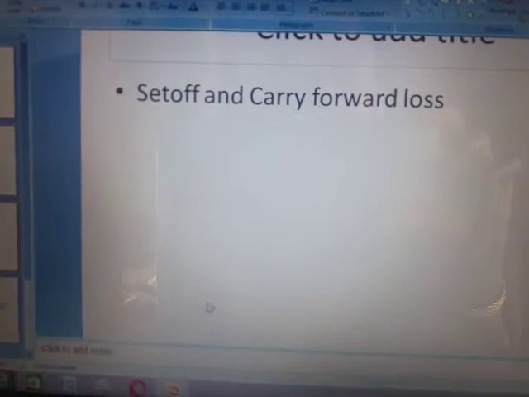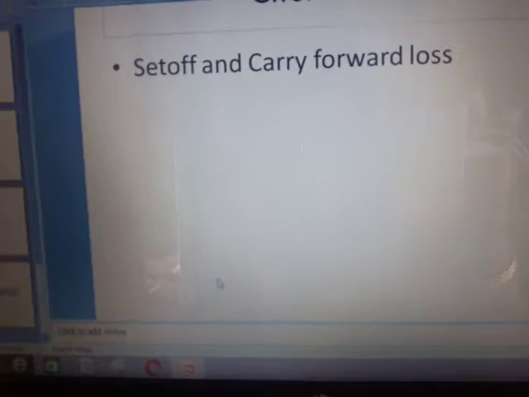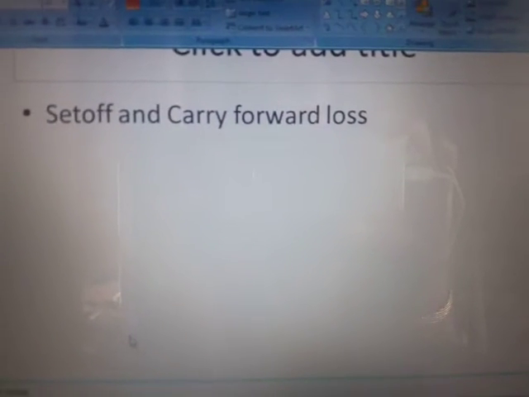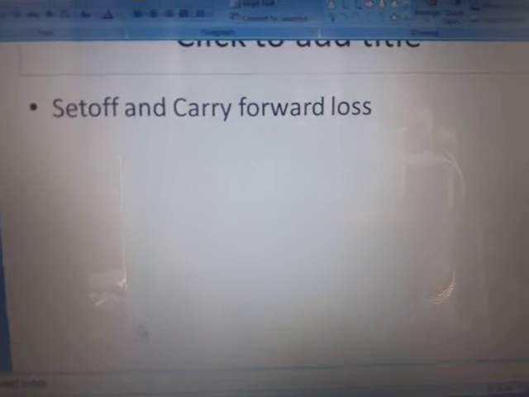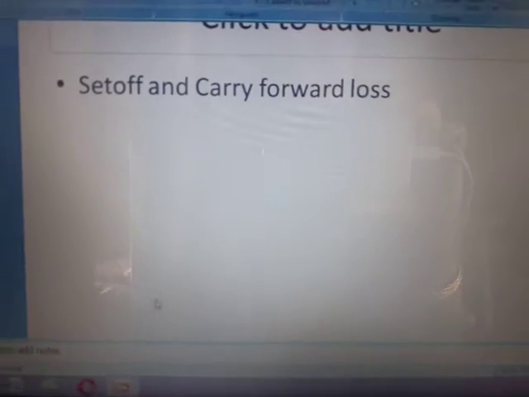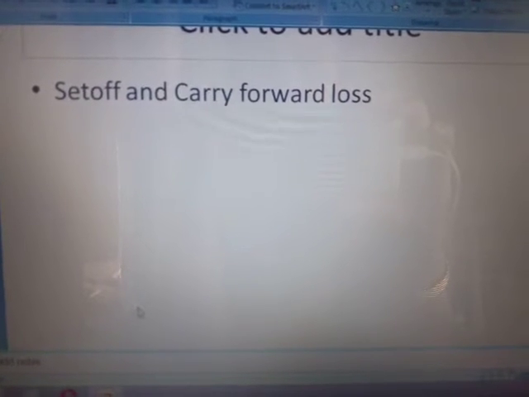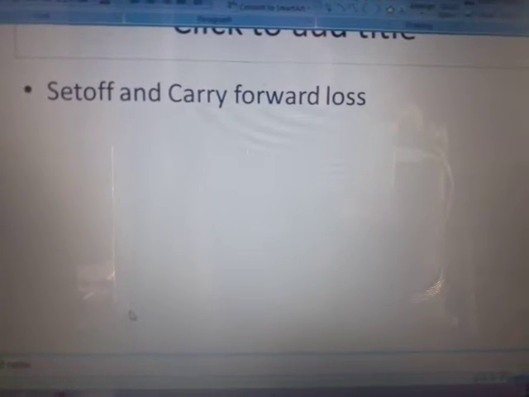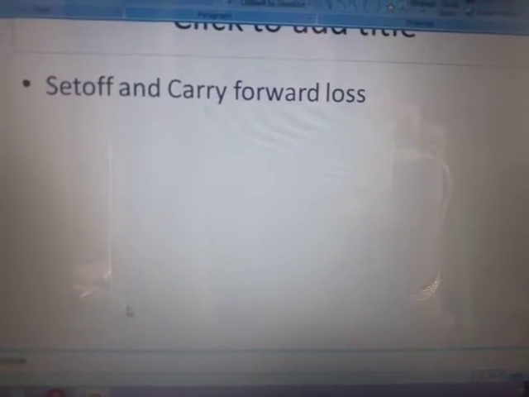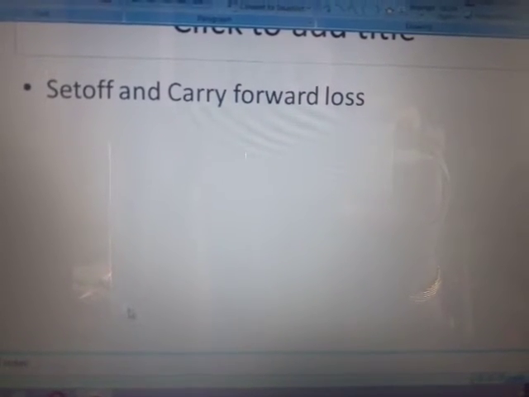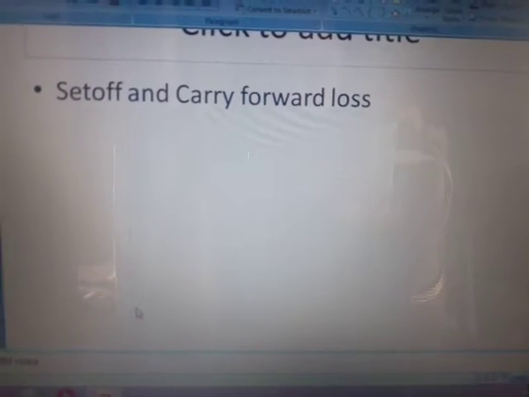I would like to explain about set off and carry forward loss. Best example: if you purchase one fixed asset on 2010 October 1st at the rate of 10 lakh rupees. Afterwards, you invest 1 lakh rupees for the renovation of your house.